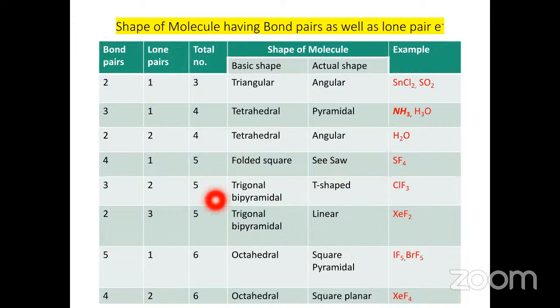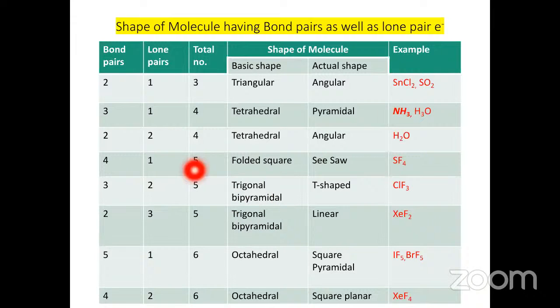Next, if the total pairs is 5, then the shape is trigonal bipyramidal. But here it has 2 lone pairs along with 3 bond pairs. Thus the shape changes to T-shaped. Next, if the total number of pairs is 5 and all are bond pairs, then the shape is trigonal bipyramidal.